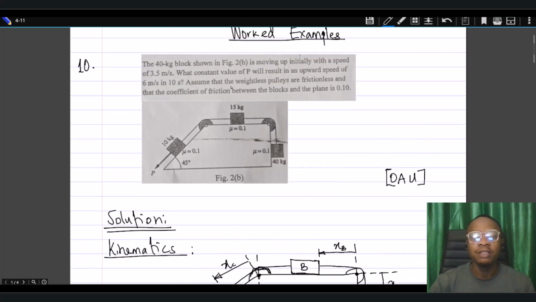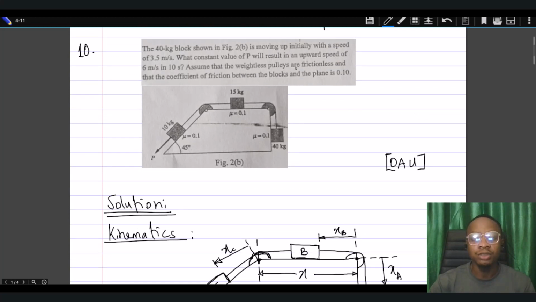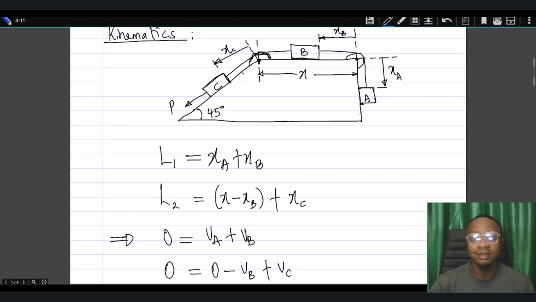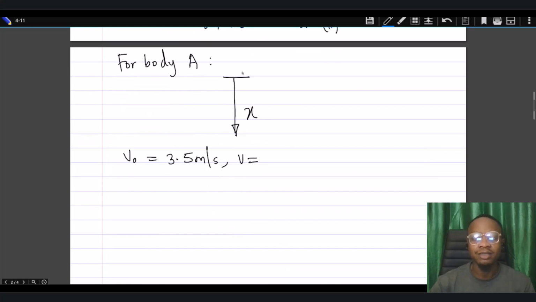So the final velocity is an upward speed of 6 meters per second. If it goes upward, that is still negative, so that will be minus 6 as well, because downward direction is positive for body A, as we have noted up there.